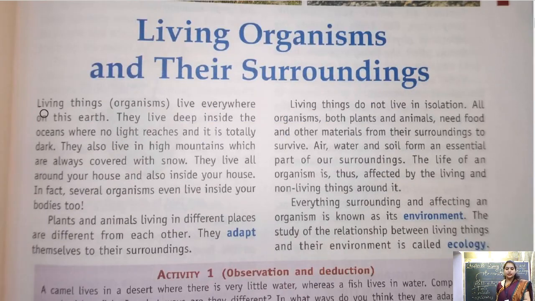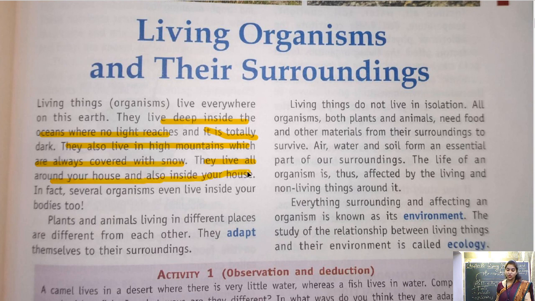Okay, living things live everywhere on this earth. They live deep inside the ocean where no light reaches. They are present deep inside the ocean where light is not present. It is totally dark. They also live in high mountains which are always covered with snow. Okay? They live all around your house and also inside your house.